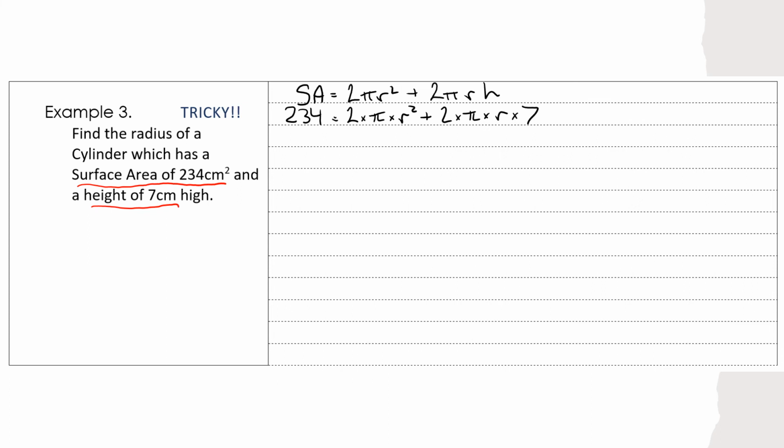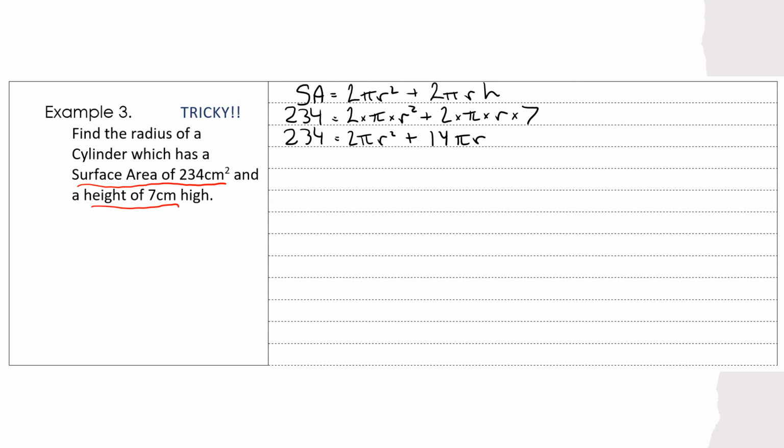All right, now let's simplify as much as we can. 234 equals 2 pi r squared, we may as well write that all together because there's no other numbers we can multiply, plus 2 pi r 7. We can multiply the 2 by the 7. We get 14 pi r.